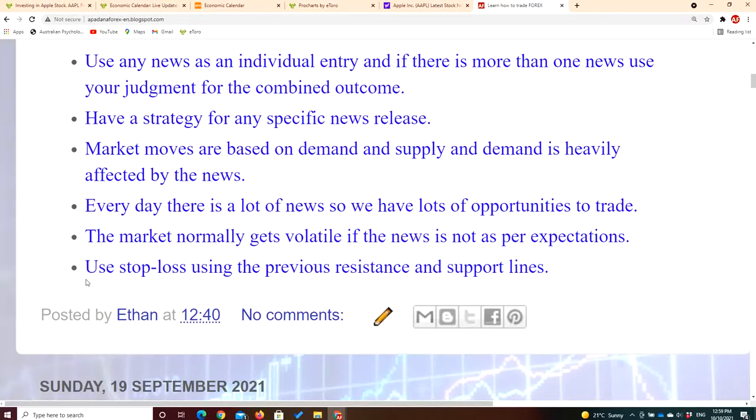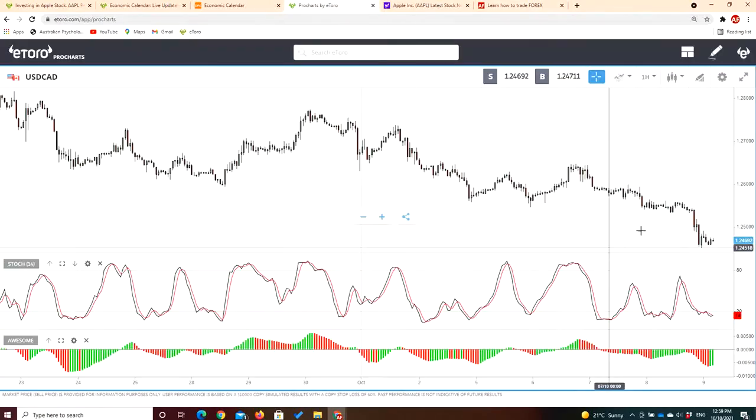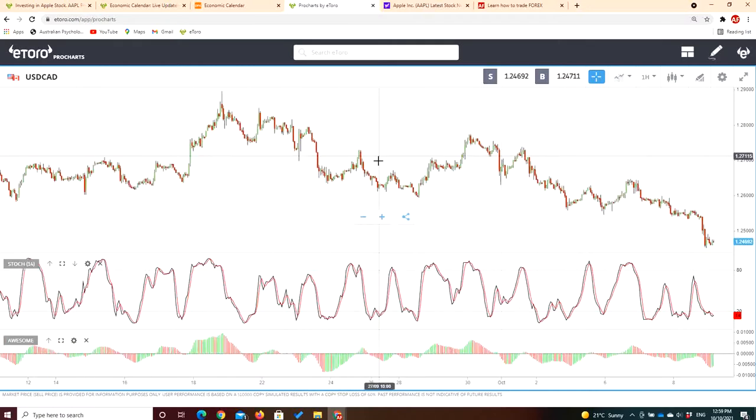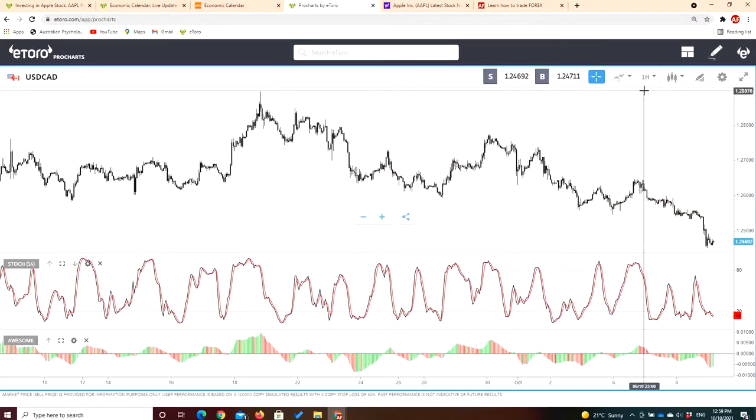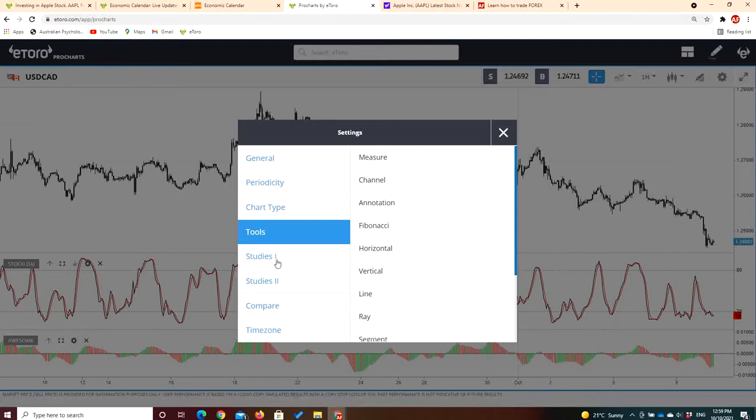Another point is you should use a stop loss, using the previous resistance and support line to prevent big losses. So if we expect this to fall, we should go and find also the resistance and support. So here, for example, I'm going to just use tools like maybe a line.